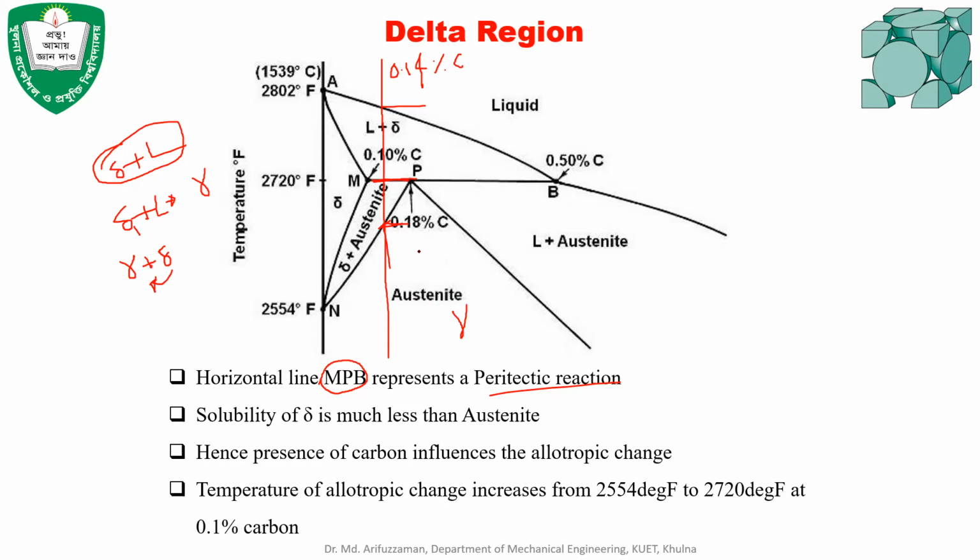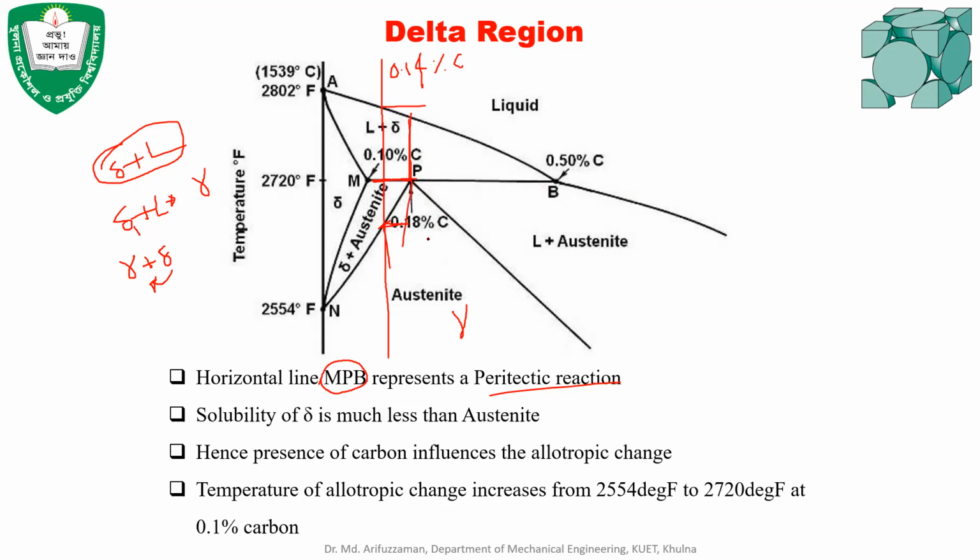And if we consider 0.18% carbon, directly at point P, there will be a certain amount of delta produced in this region. There will be liquid present, and all the delta and liquid present before the peritectic reaction will be converted into 100% austenite. Okay.